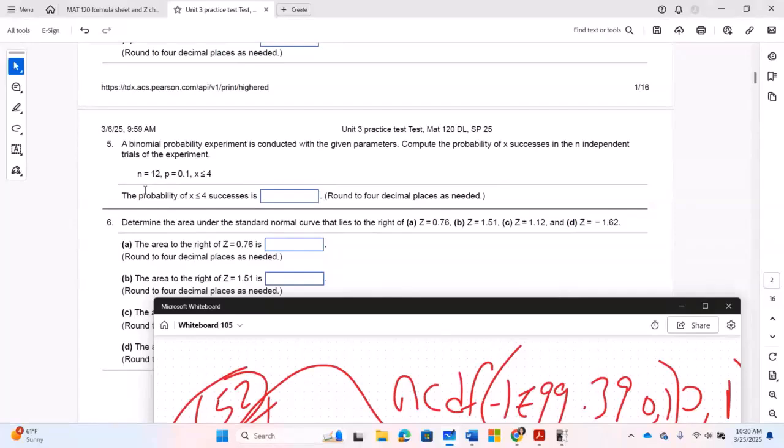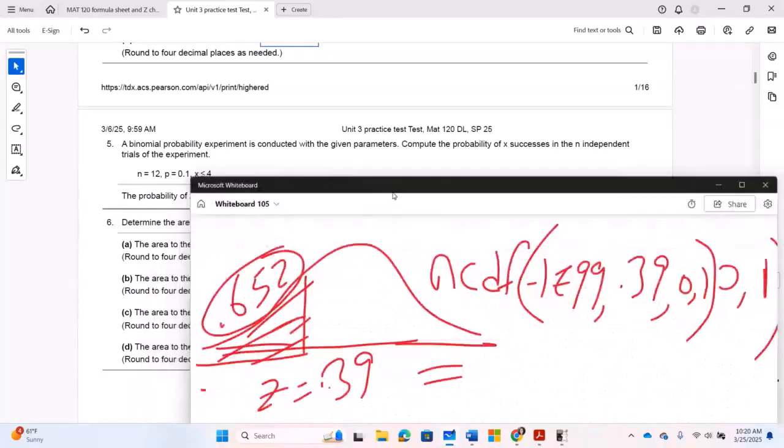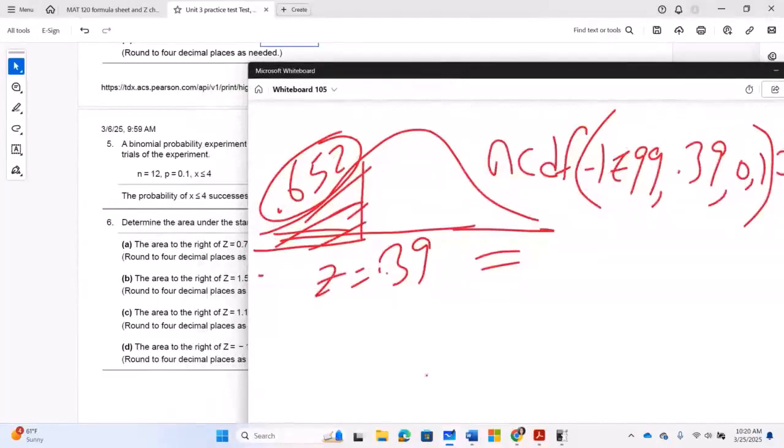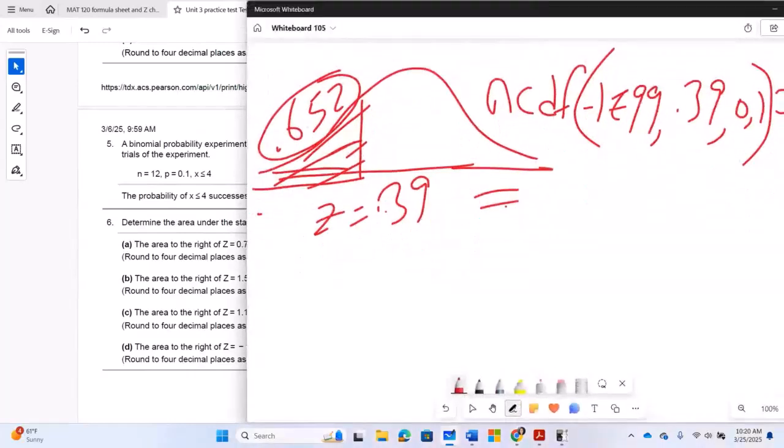So a binomial probability experiment is conducted with the given parameters. Compute the probability of n successes in n independent trials. Okay, I already know what I'm given, so I'm going to clean up some of this so I can use it to answer the question.